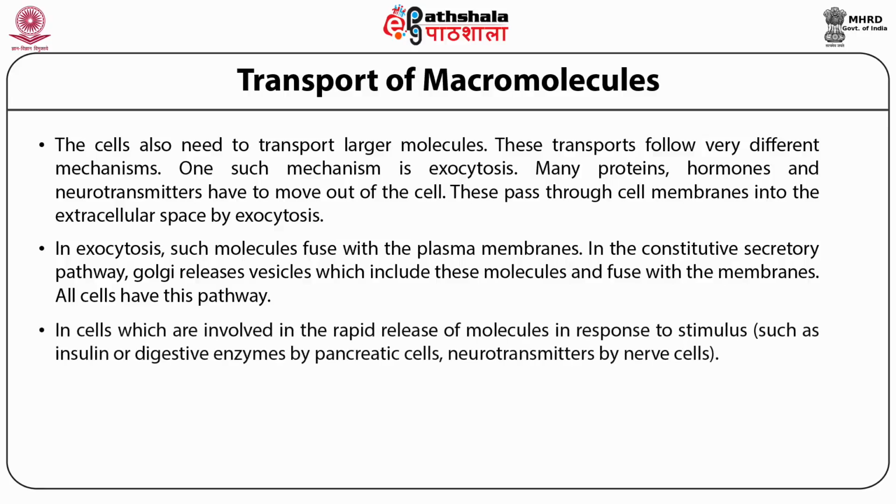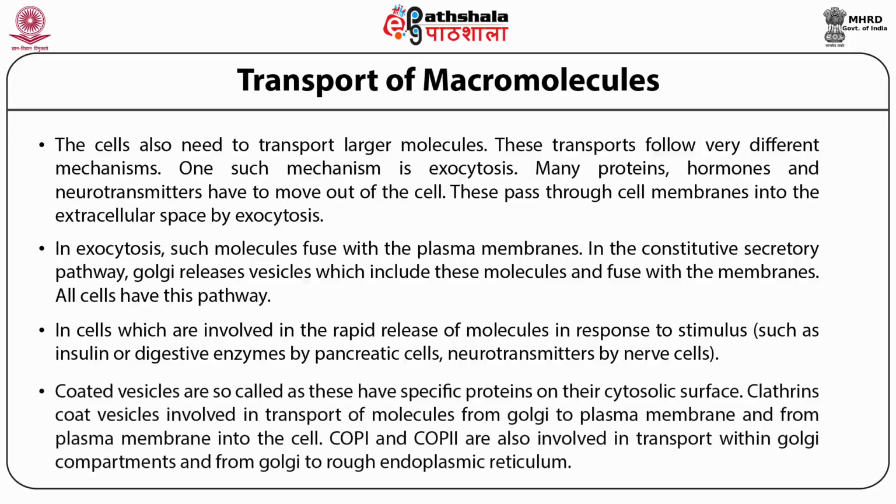In cells which are involved in rapid release of molecules in response to a stimulus, such as insulin or digestive enzymes by pancreatic cells, neurotransmitters by nerve cells, these molecules are also stored in secretory vesicles by budding from the trans-Golgi network.